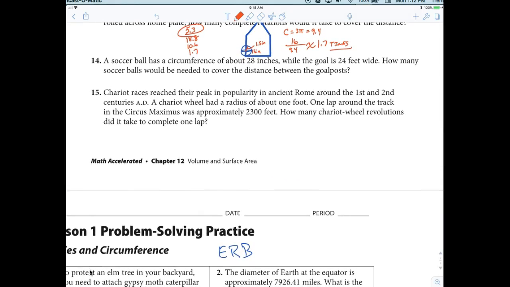A soccer ball has a circumference of about 28 inches, while the goal is 24 feet wide. How many soccer balls would be needed to cover the distance between the two goalposts? Now you've got to listen on this one. These are the good thinking questions, trying to get you ready for ERBs.